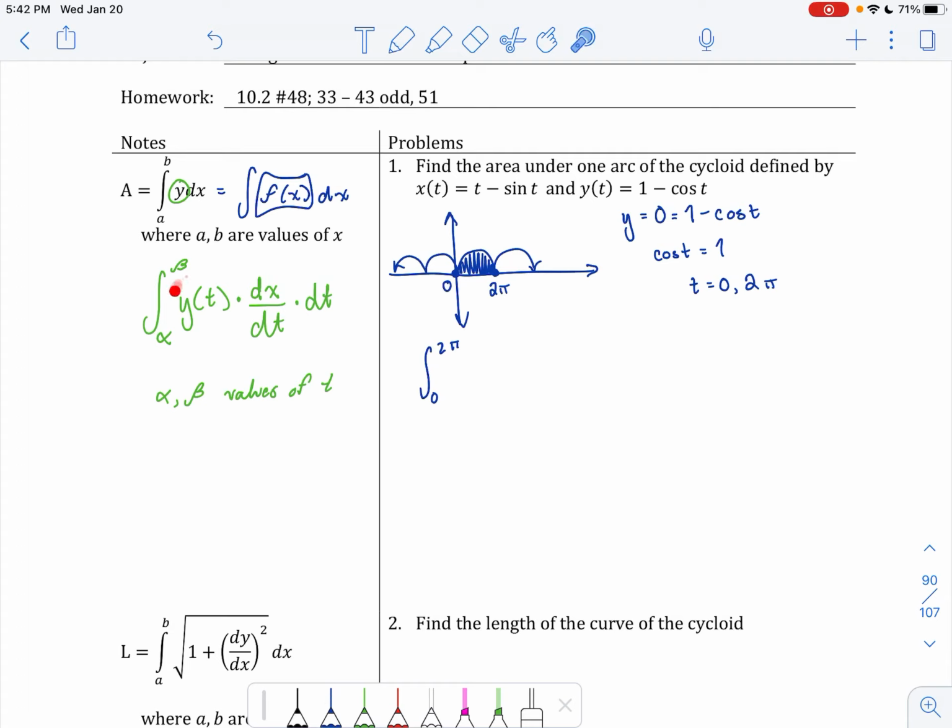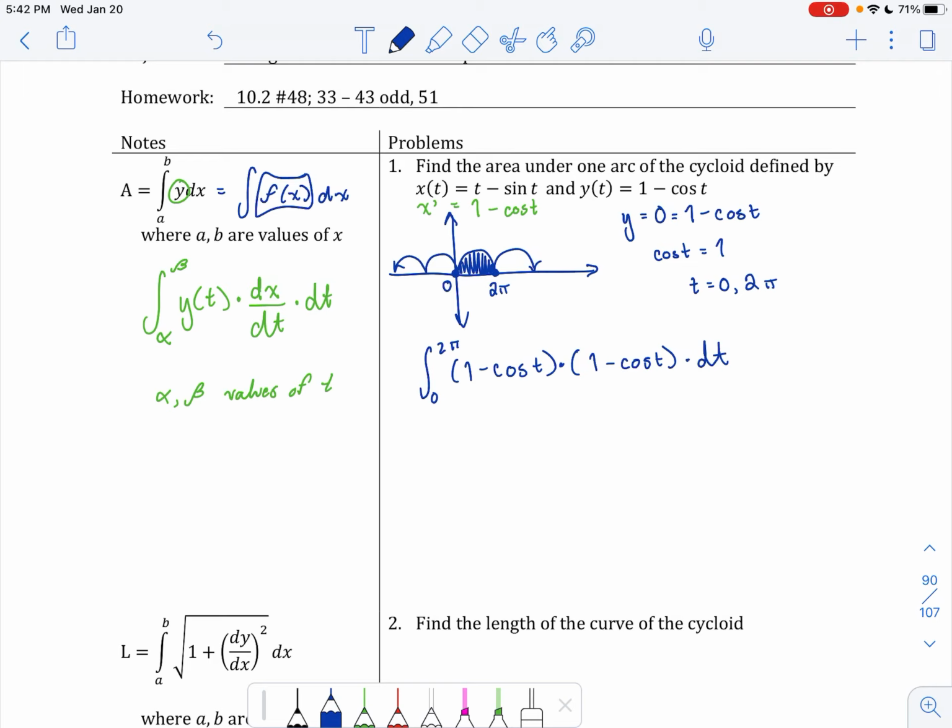Now you're going to take your y value, so 1 minus cosine of t, and then x prime, our derivative here, 1 minus cosine of t, which is our dx/dt. So times that dt. And that's the actual integral that you want to be evaluating.